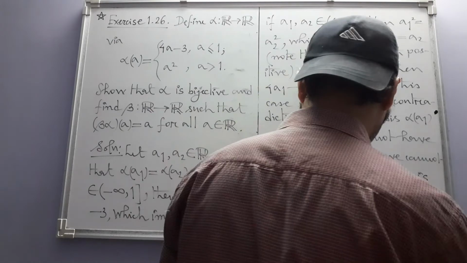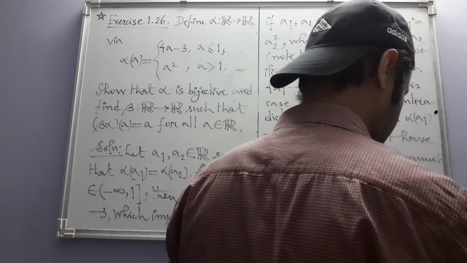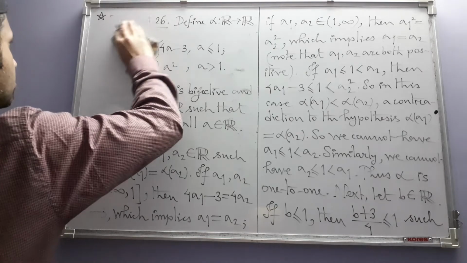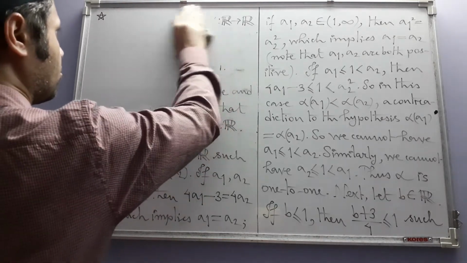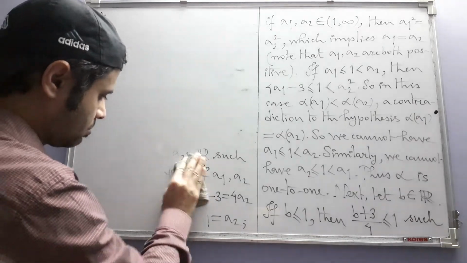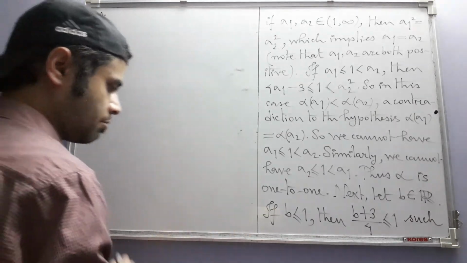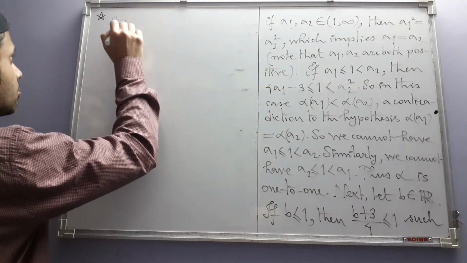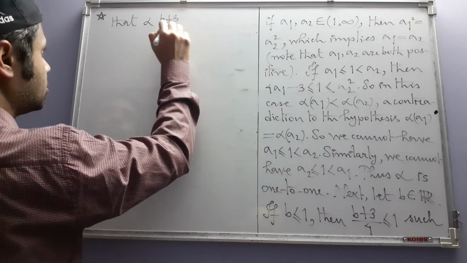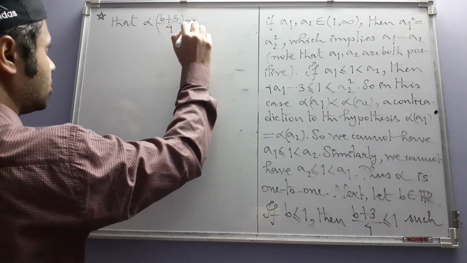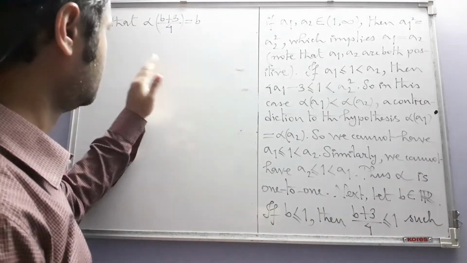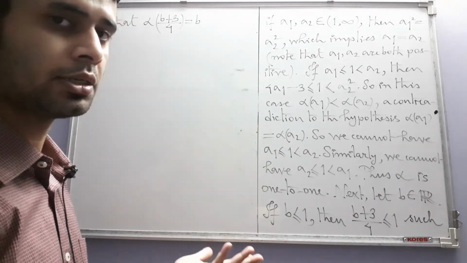That gives you this, such that alpha of (B plus 3) divided by 4 is equal to B. Because of this inequality, this will be 4 times (B plus 3) divided by 4 minus 3.